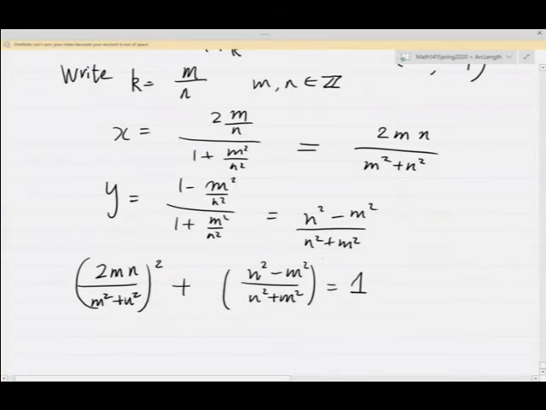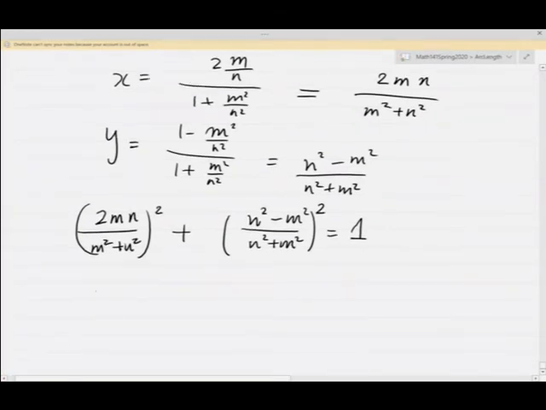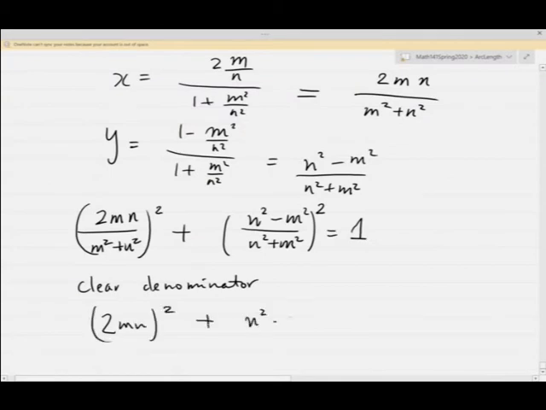Multiply both sides by the denominator to clear the denominator. Then you get (2mn) squared plus (n squared minus m squared) squared equals (n squared plus m squared) squared.